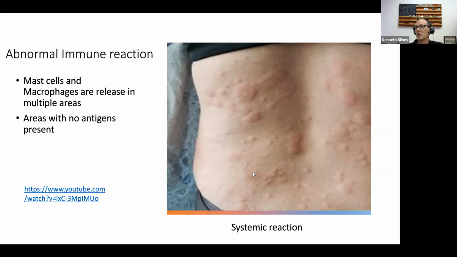And this is an abnormal immune reaction. The macrophages and the mast cells are releasing in areas where there are no antigens present. So really, that's all you need to know.